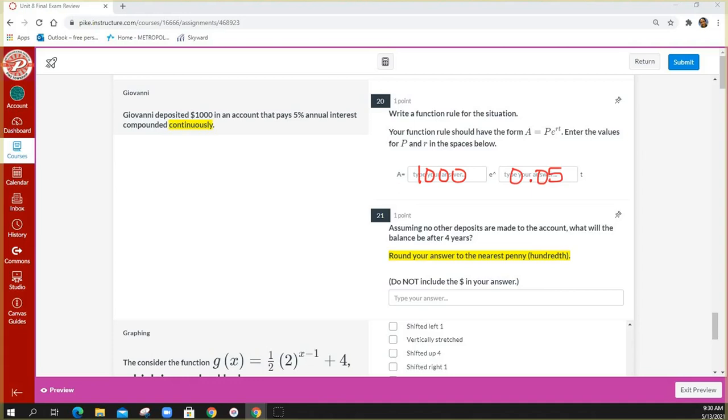So for number 21, you're going to type in 1,000 e to the power of 0.05, and it's in 4 years. So type that in your calculator, see what you get.